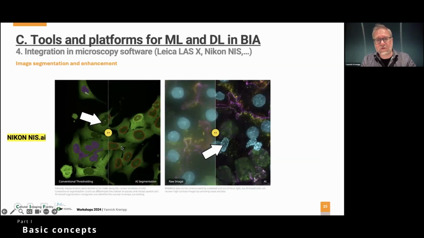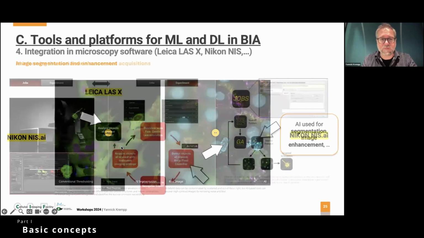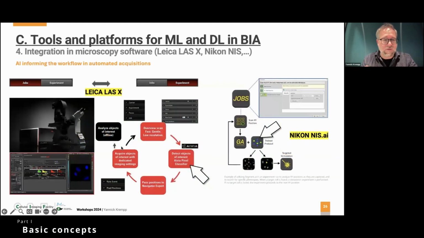Commercial solutions also bring AI integrated now in their own software suites. So for instance, here, this is Nikon's NIS program, which now includes segmentation, image enhancement, and all the basics that we have seen integrated into the commercial packages. One key advantage of having AI integrated directly in a commercial package is that it can work together with the image acquisition layer.